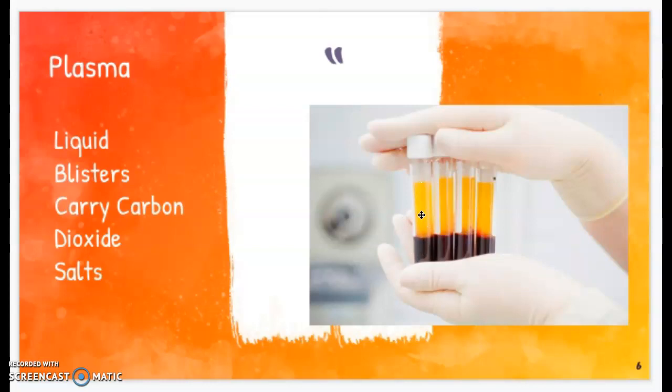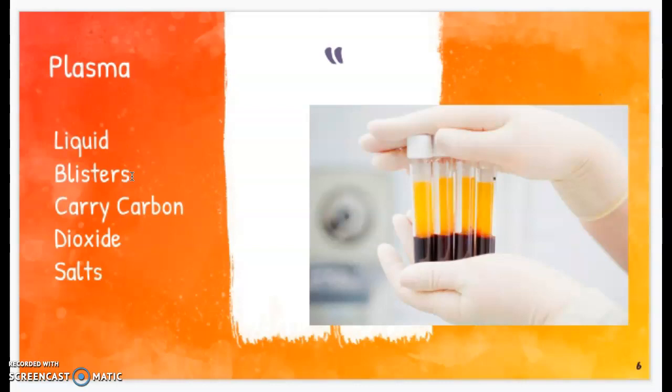Your plasma, which is the liquid part on top here, that's the liquid right there, okay? Can you donate plasma? Absolutely, you can donate plasma. People even pay money for donating. If they donate plasma, they will get money, but you have to be old enough. You guys can't do it. It's used in medicine. A lot of people use plasma, for blood transfusions, stuff like that. Okay, it's the liquid part of your blood.